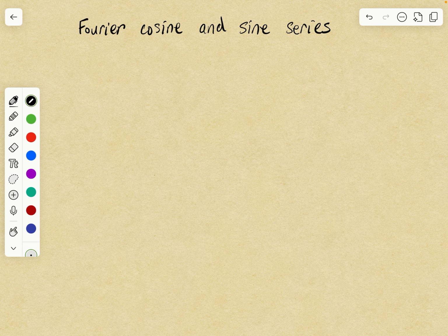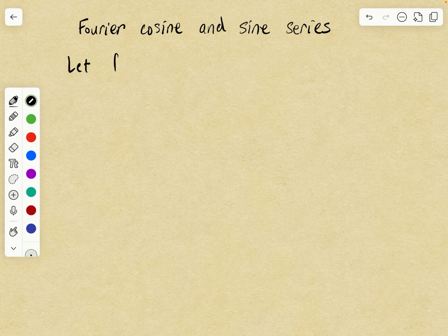And when we extend the function, those extensions will have Fourier series. And we're going to look at those Fourier series of the odd and even extensions.